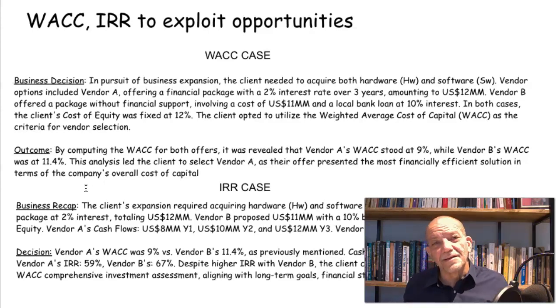But the overall situation was that the client decided to get our technology with our financial package, because the weighted average cost of capital is more balanced, and it impacts the complete financial structure of the company, whereas the IRR is mostly for a specific project, and sometimes you need to do one per technology and so on and so forth.